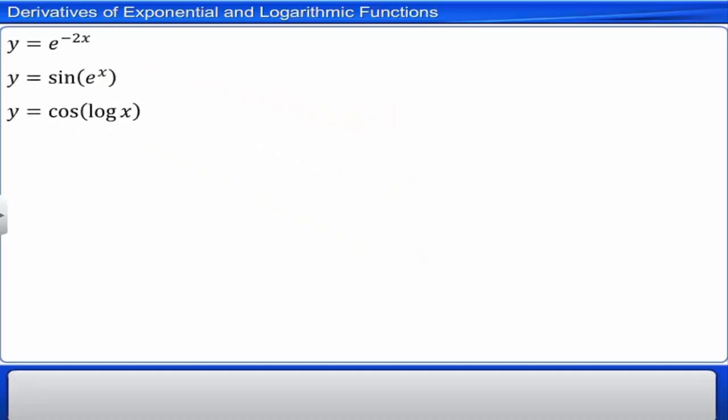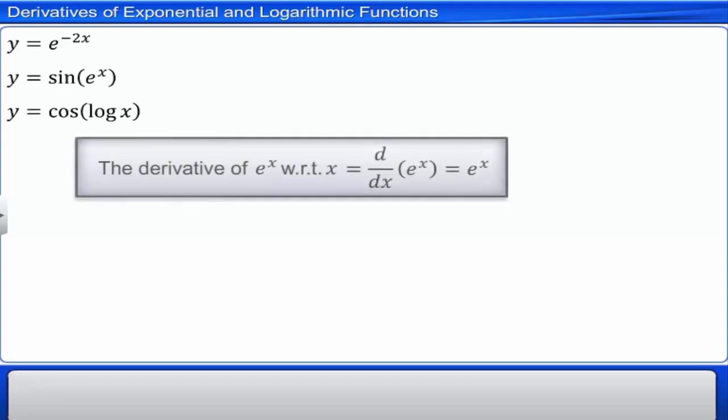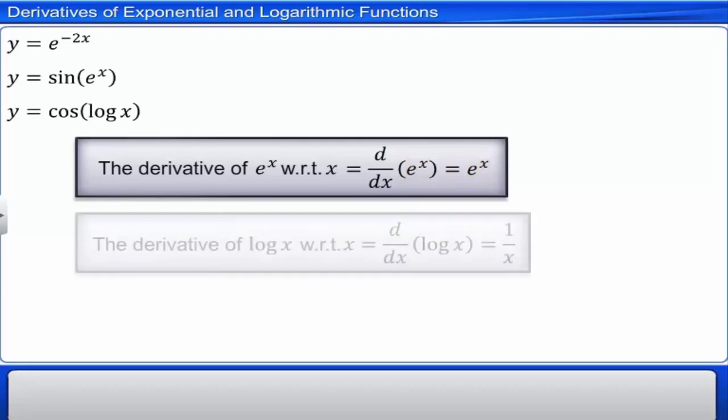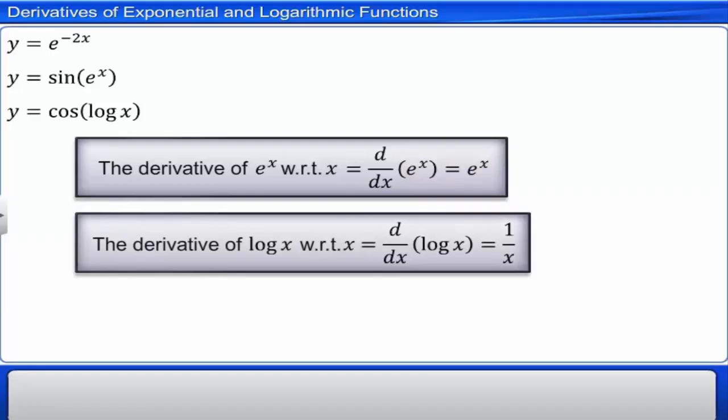To differentiate such relations, we use some basic formulae. The derivative of e raised to the power of x with respect to x is e raised to the power of x. In other words, the derivative of a natural exponential function is the function itself. The derivative of log x with respect to x is 1 divided by x.